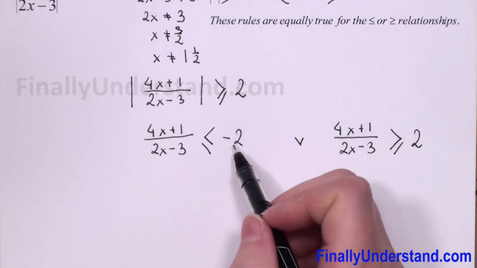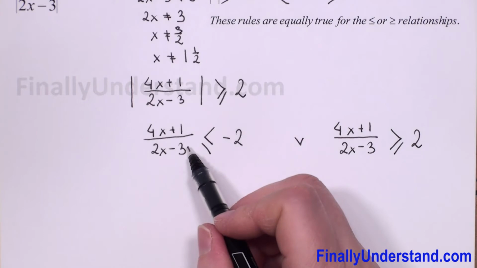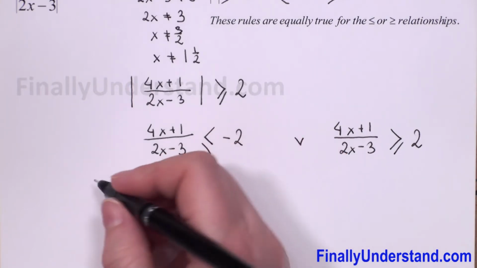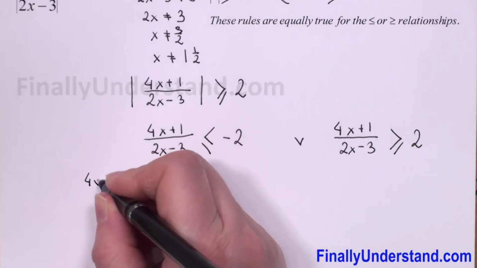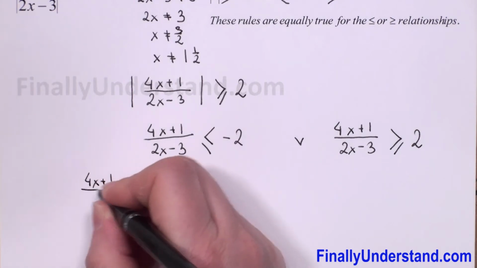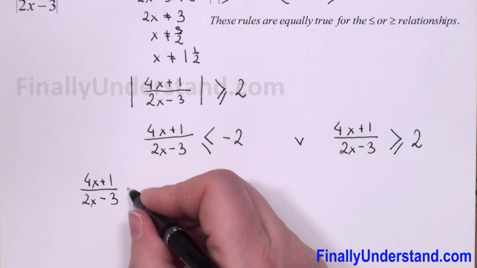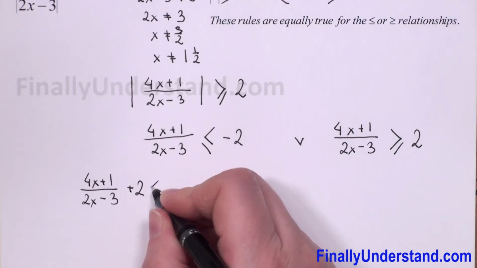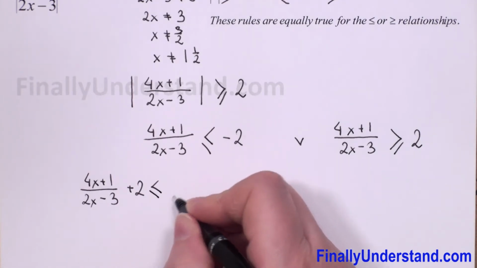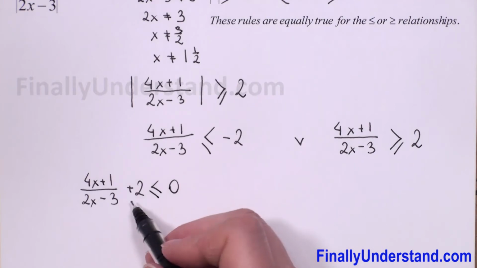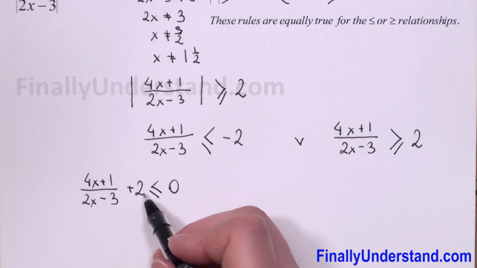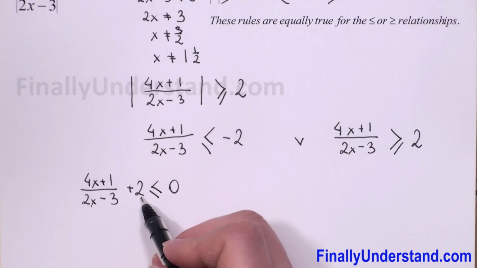What I do first, I will move negative 2 to the left side. So we have 4x plus 1 over 2x minus 3 plus 2 is less than or equals 0. Because we have fraction and constant, first I will change this constant to fraction.